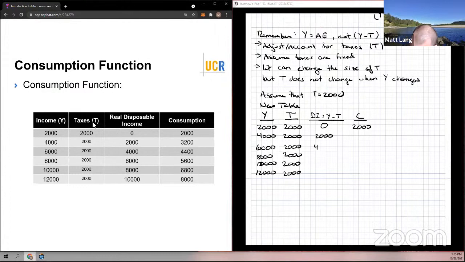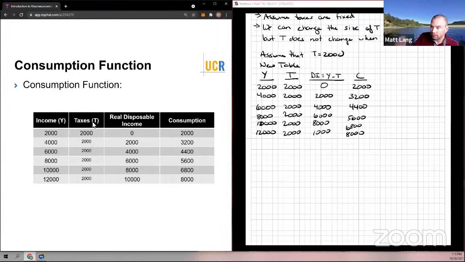So the table got a little out of control, but you guys are seeing that. It looks nice on the screen.